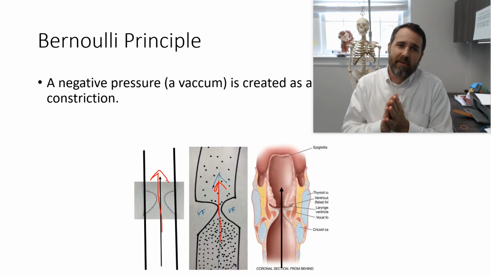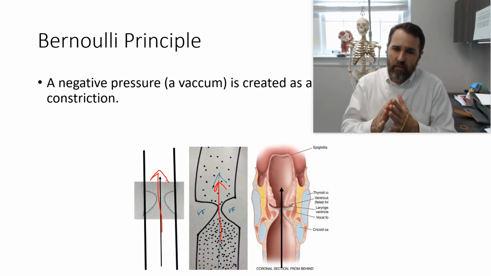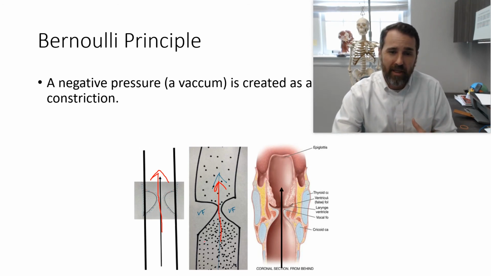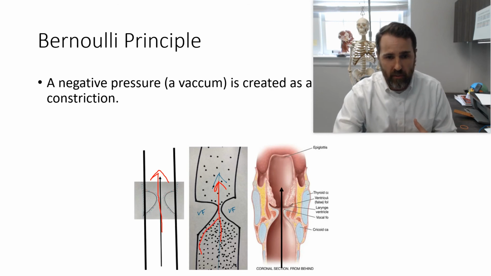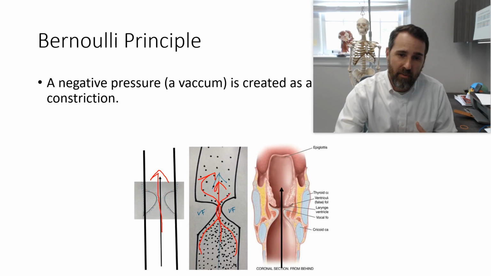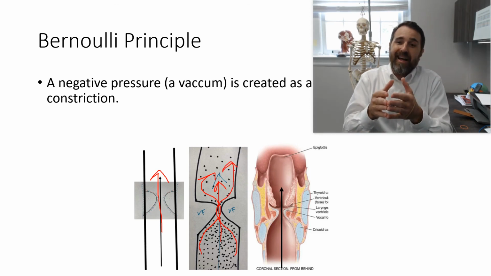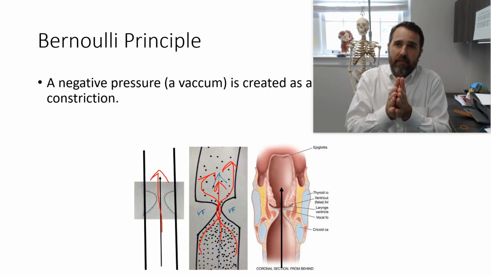So the Bernoulli principle is the idea that when airflow is pushed around a constriction, it creates a vacuum. It creates a suction. So looking here, the airflow is pushed around the constriction of the vocal folds, and they're sucked back together.